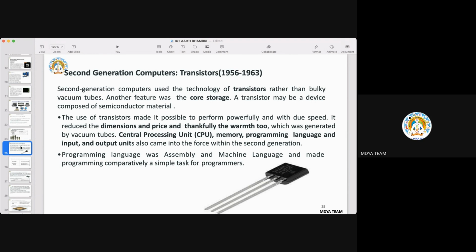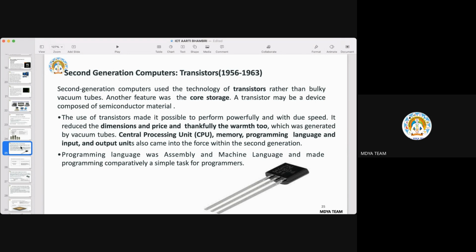While in vacuum tubes, we use glass, which is made specially for these vacuum tubes. So it is difficult to handle as well as large in size. Memory size is very small, and speed is also very low.